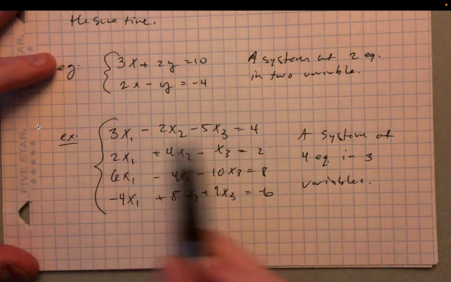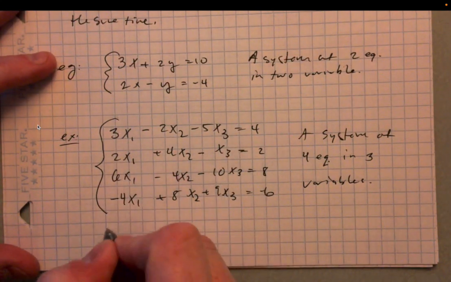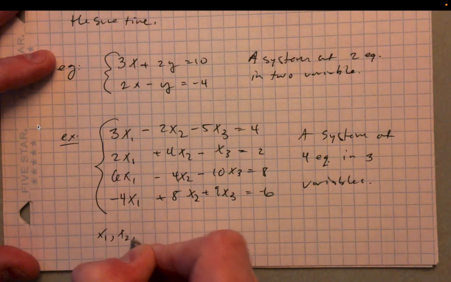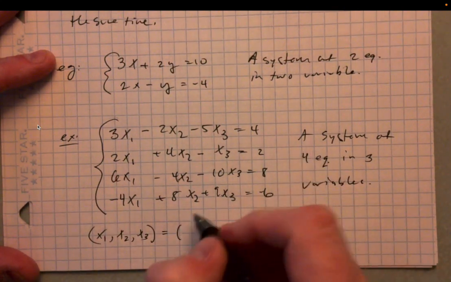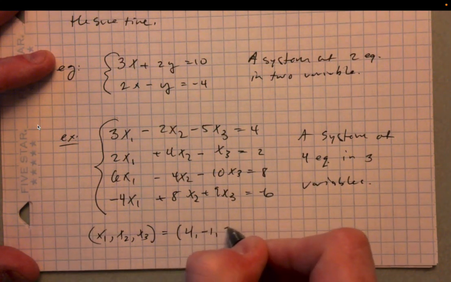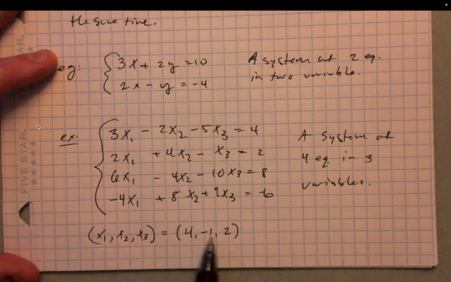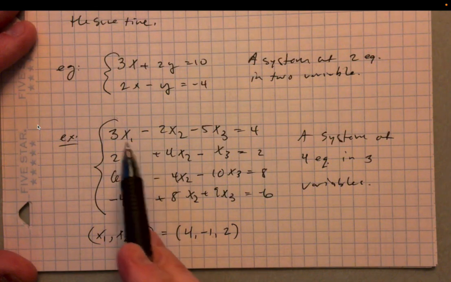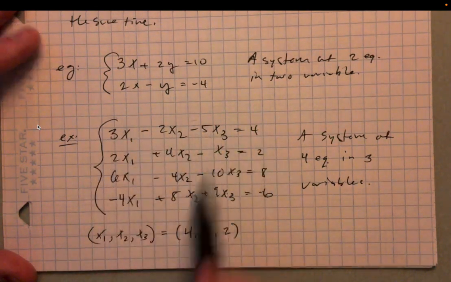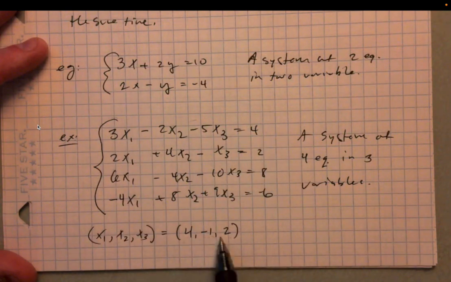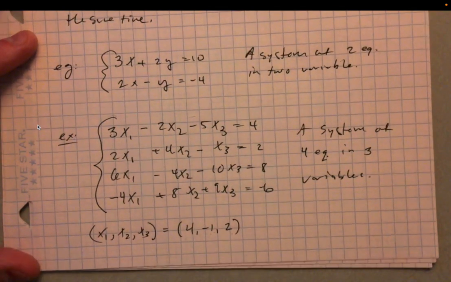Let's say a solution to this equation here is x1, x2, x3 equals 4, -1, 2. If you take this triple and plug it in, you'll find that this equation is satisfied by these three values of x1, x2, x3.